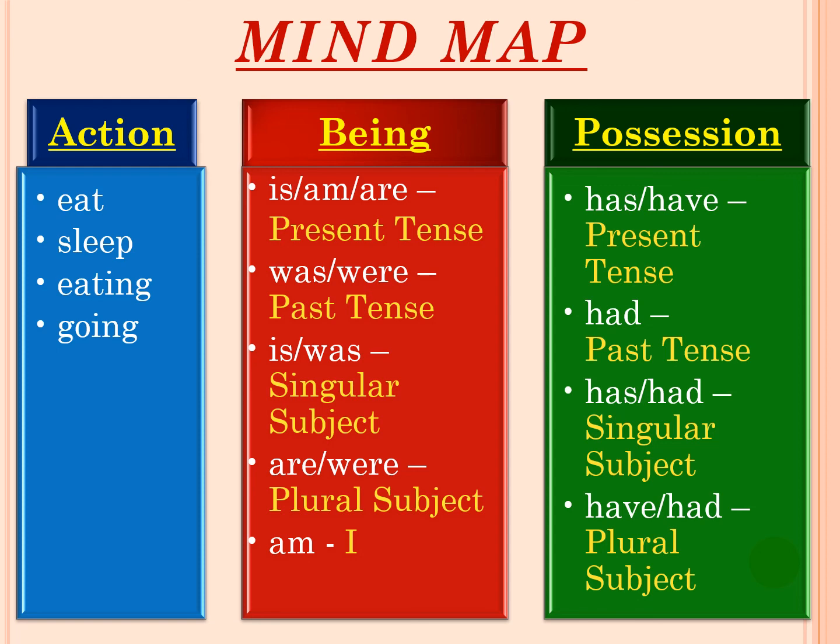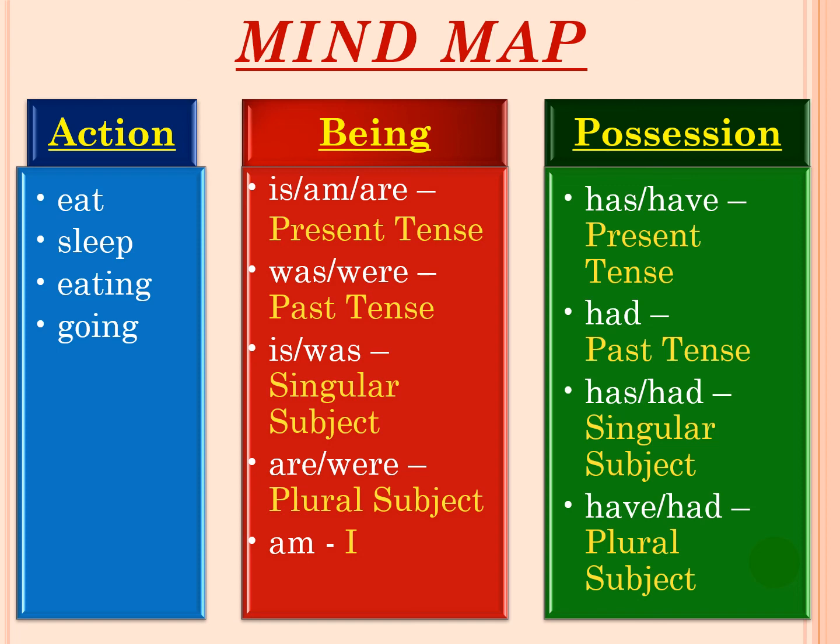Possession. Possession means verbs can also be used to show what a person, animal, or thing possesses. These verbs are used to show belongingness, that means the possession of a person, animal, or thing. These verbs are has, have, or had.